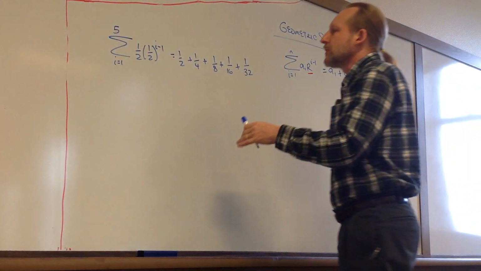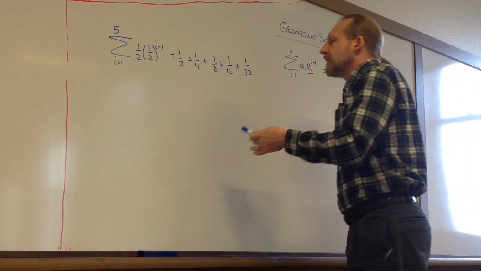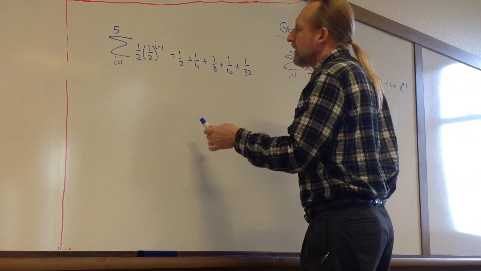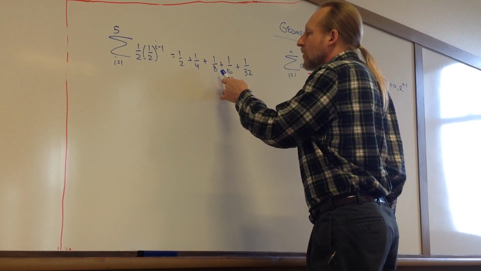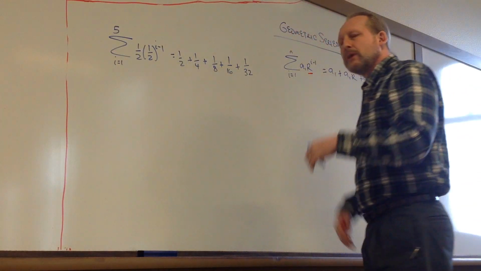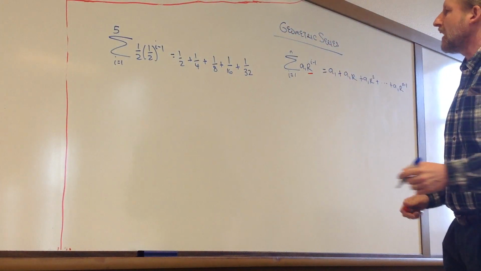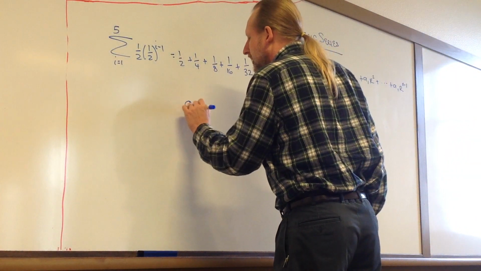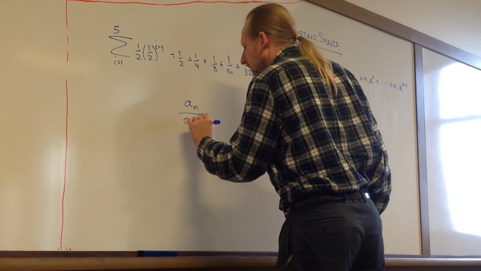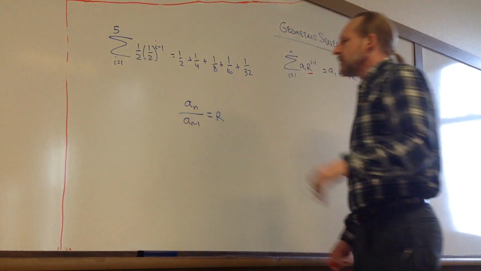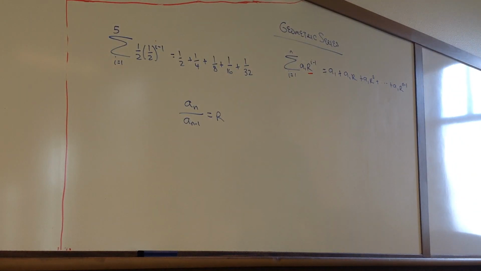That's the constant multiplier. If you want to think of it as a constant ratio, then if you did 1/8 to 1/4, you would get 1/2, which is the value of r. And so a sub n over a sub n minus 1 should in general always be equal to r.